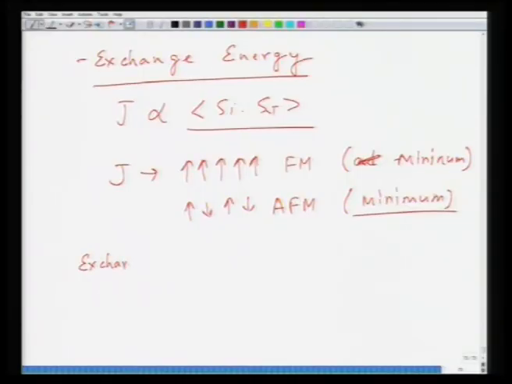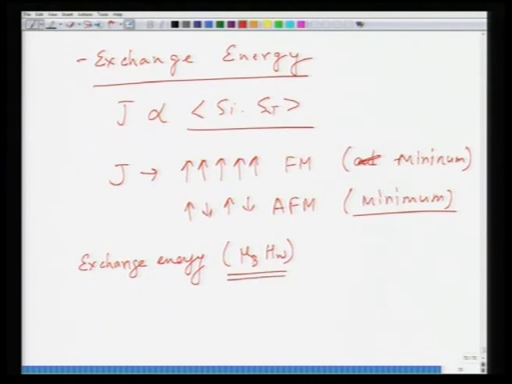And another thing is the magnitude of the internal field. If you work it out by taking the magnetization, the exchange energy based on this internal field is given as mu B H_W.